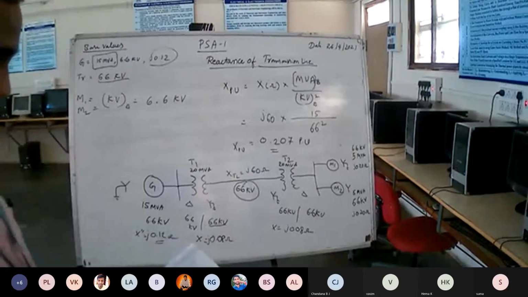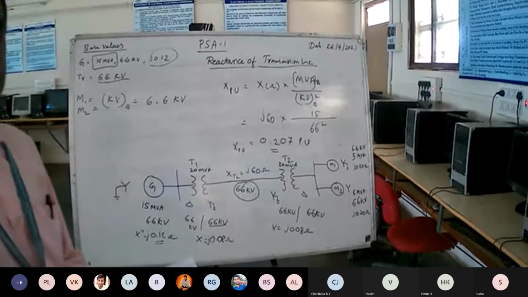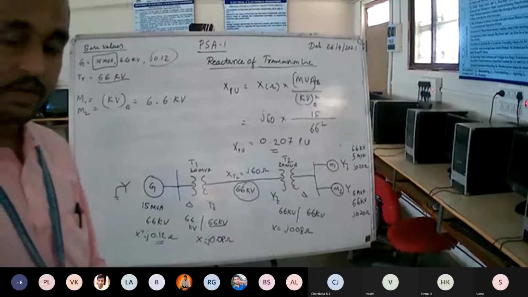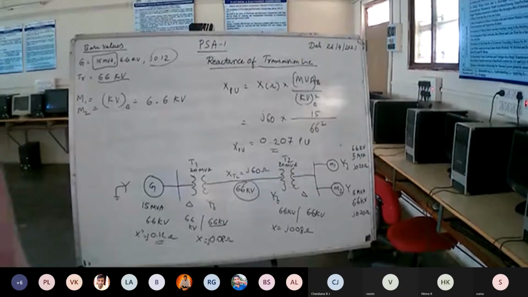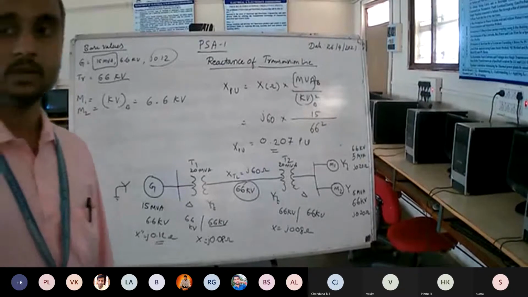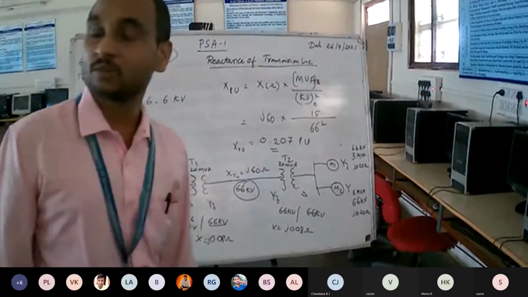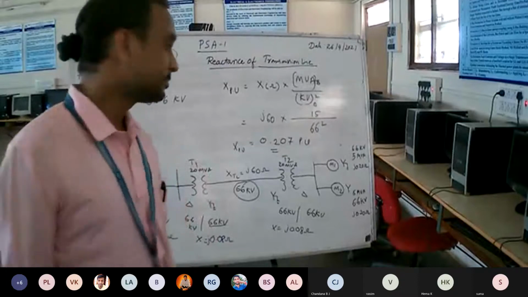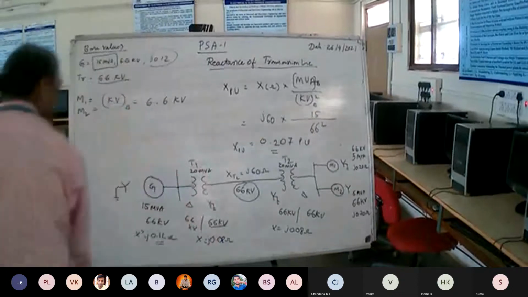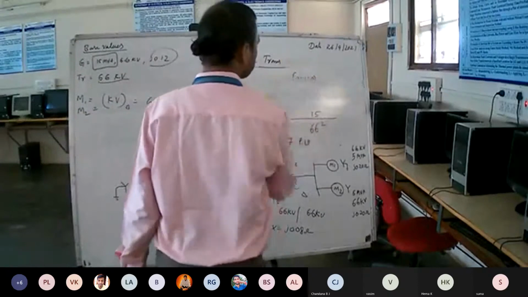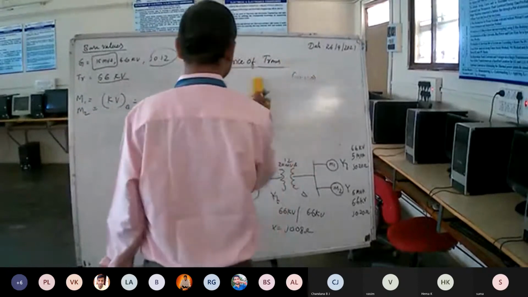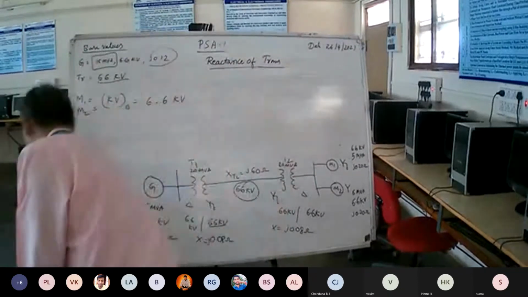Similarly, calculate the reactance of transformer 2. Are you doing the reactance of transformer 2? How are you going to calculate the reactance of transformer 2?